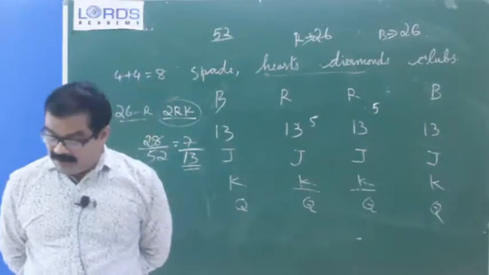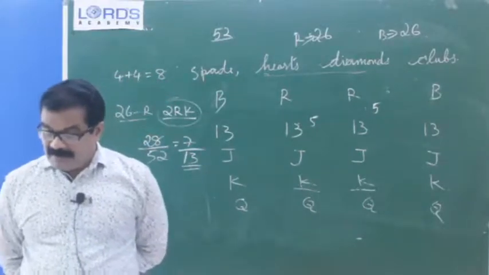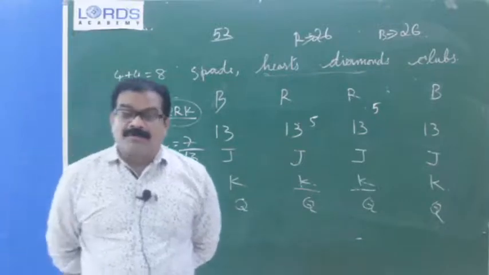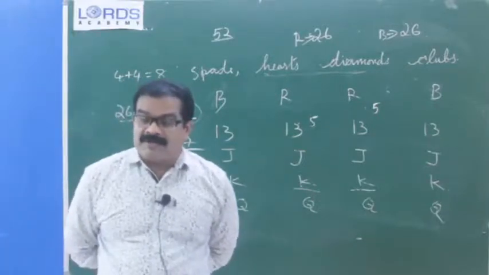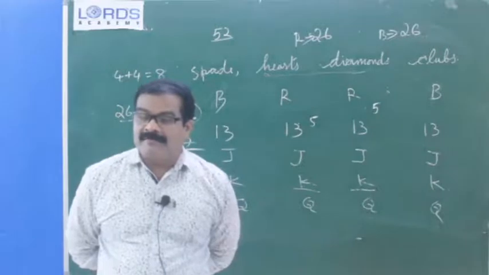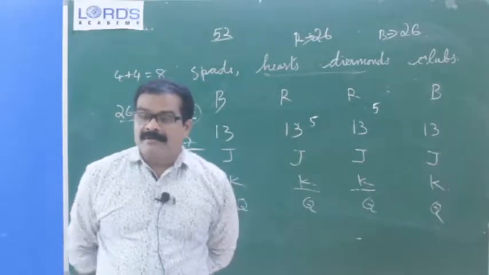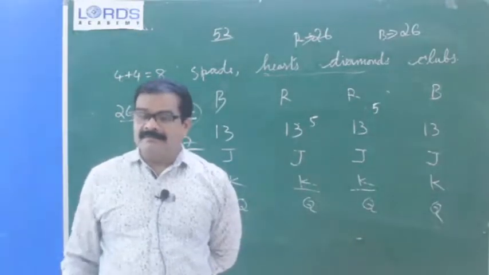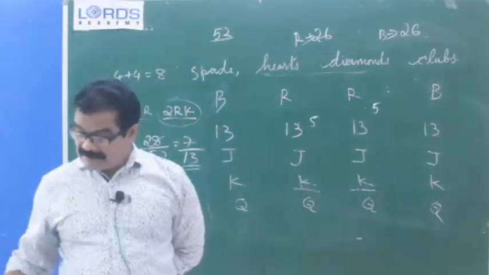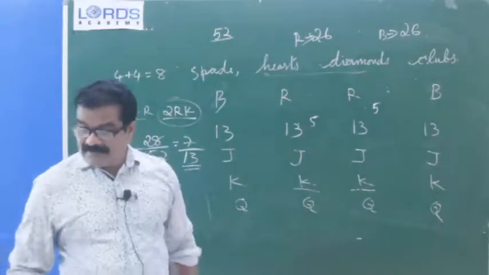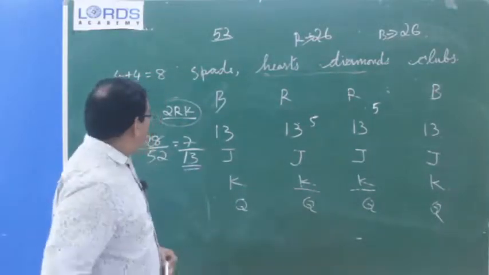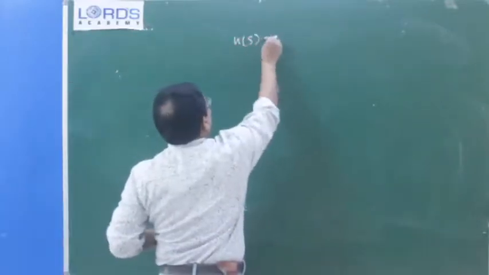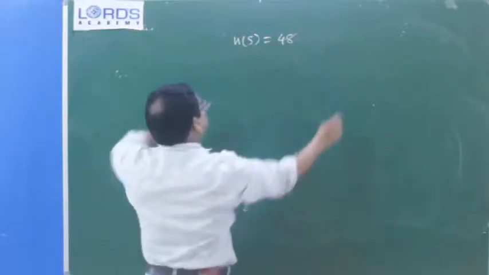First of all, please tell me the total possible outcomes, n of S. You add it. How much will you get? 48. N of S is 48. Sample space 48.